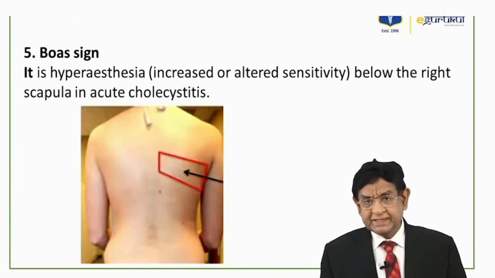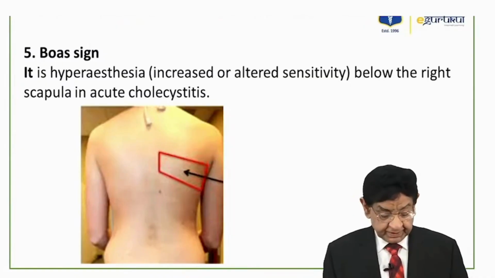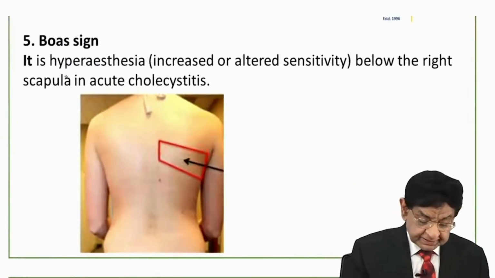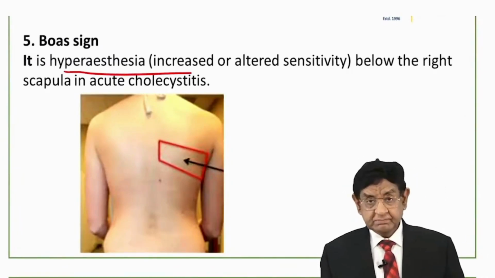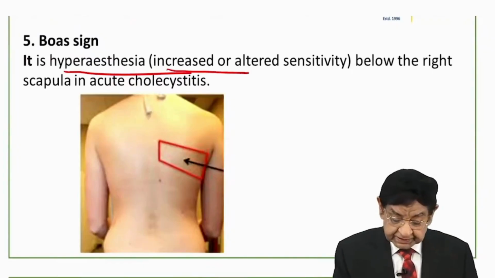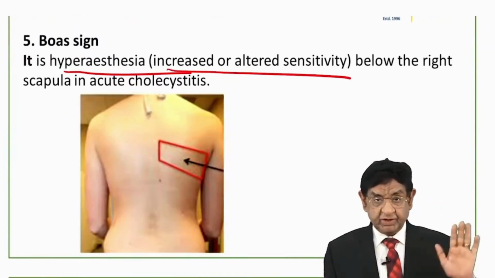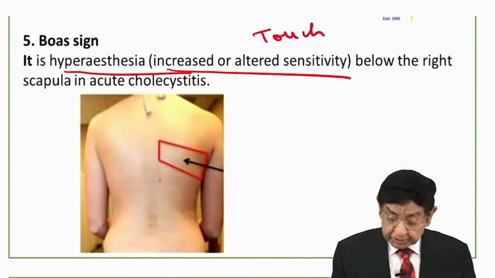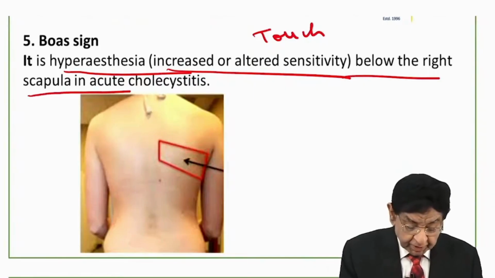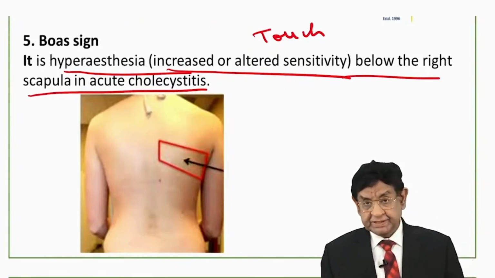Another important sign is Boas sign. There is hyperesthesia, so-called increased or altered sensitivity on touch, below the right scapula in acute cholecystitis.